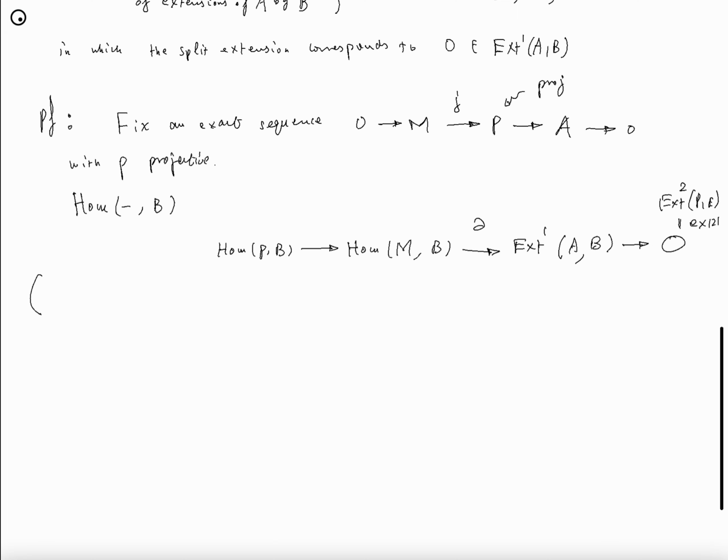So we're going to show that firstly theta is surjective. Which means that for any x in this Ext group, there exists some C such that the partial of identity of A equals x.